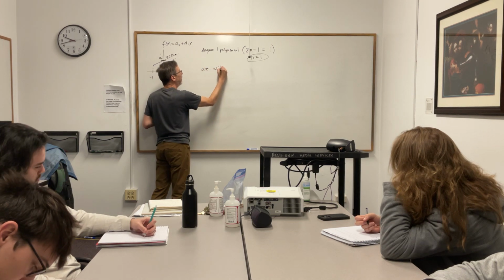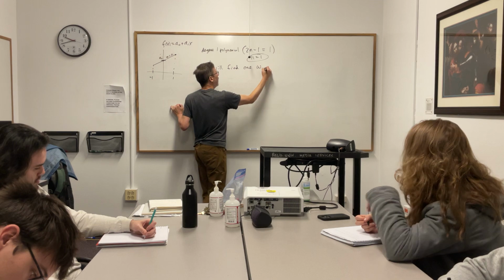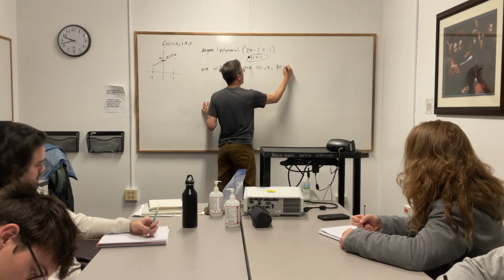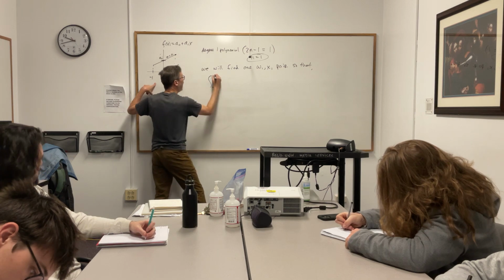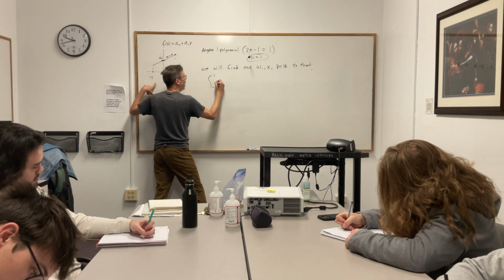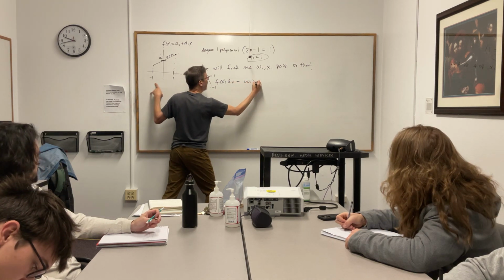We will find one W1, X1 pair so that this integral from -1 to 1 of this function, I'm going to write it like that, is just W1 times X sub 1.